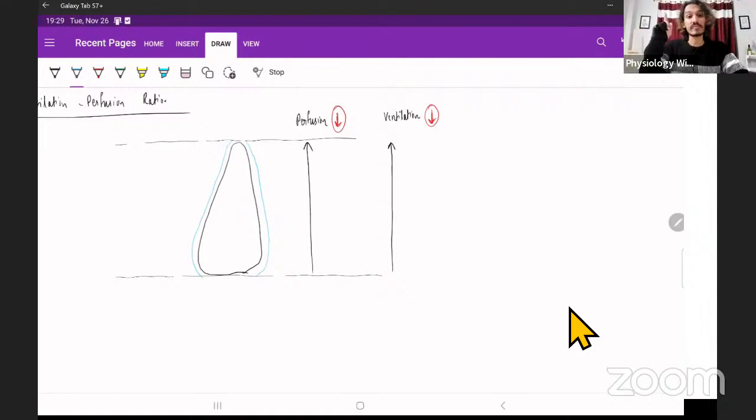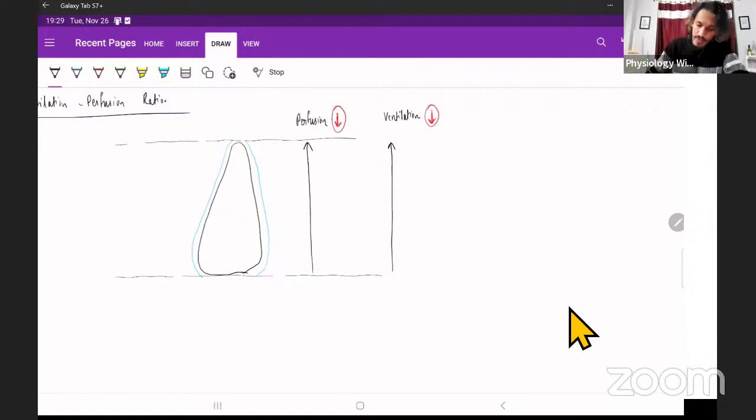The intrapleural pressure we were talking about yesterday, which is -2 to -6 during tidal respiration, was actually the value at the base. On top it goes to usually around -10 centimeters of water. So that sort of a difference is there in the intrapleural pressure.